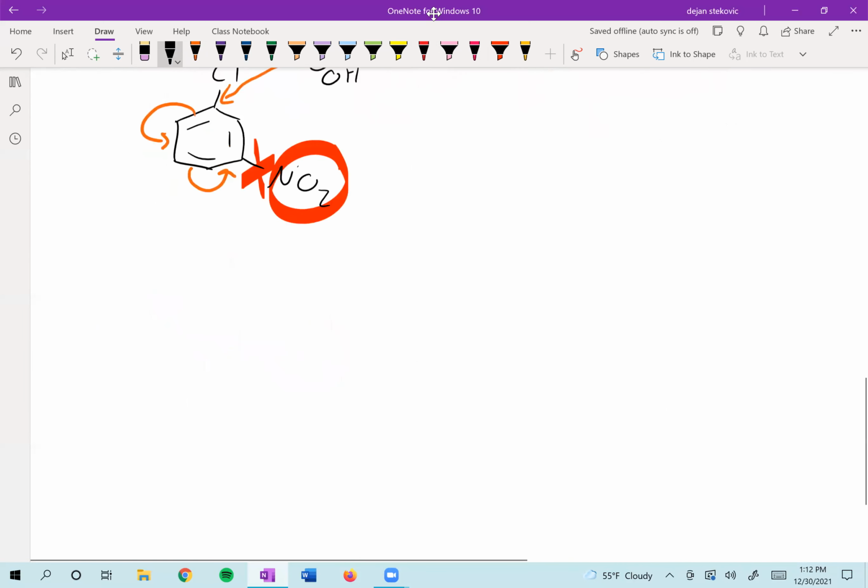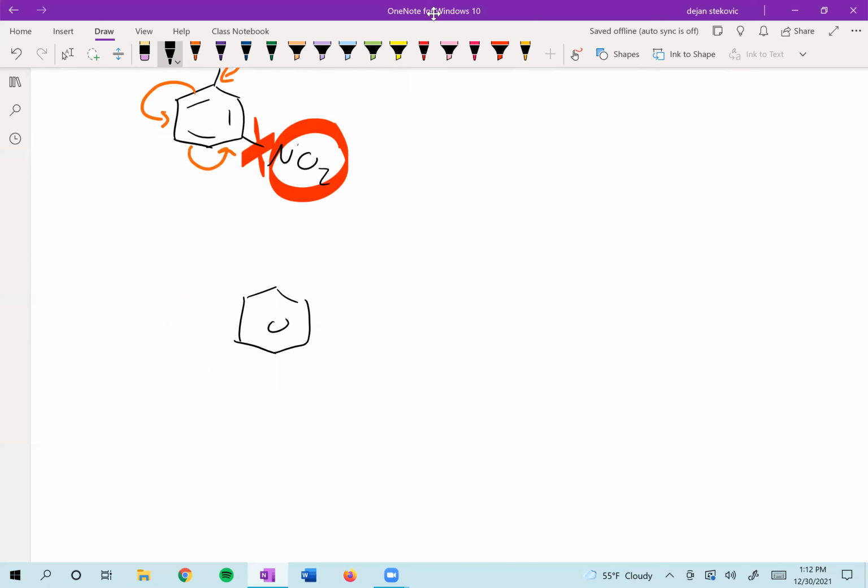So overall, the reaction scheme is you have usually a good leaving group like a chlorine or a bromine. You have some kind of very strong withdrawing group, usually a nitro group. What you do is then you add some strong nucleophile, usually sodium hydroxide.